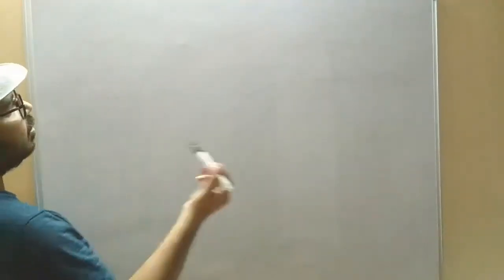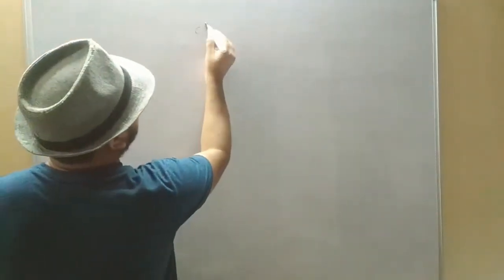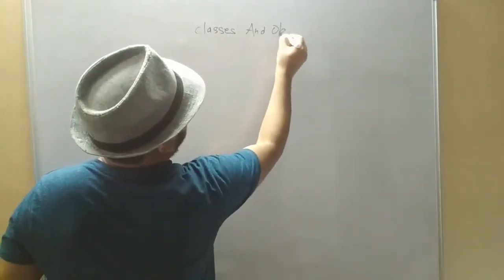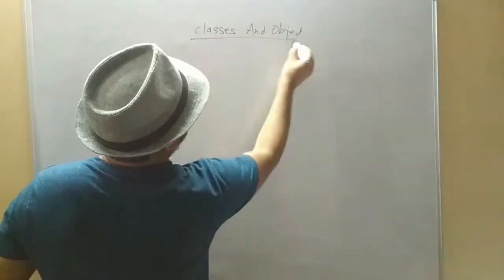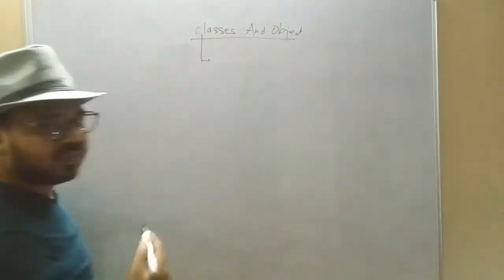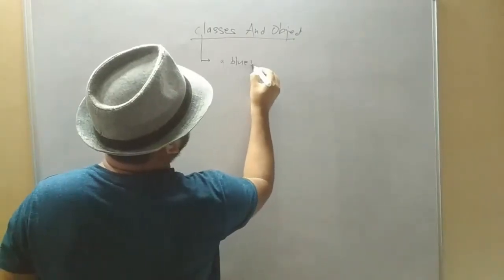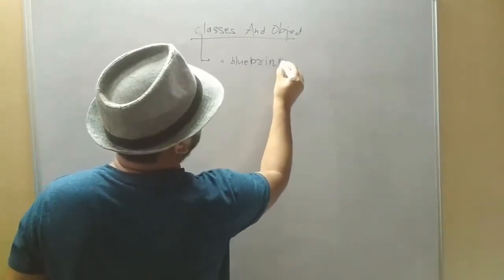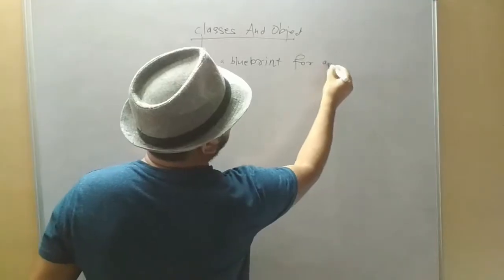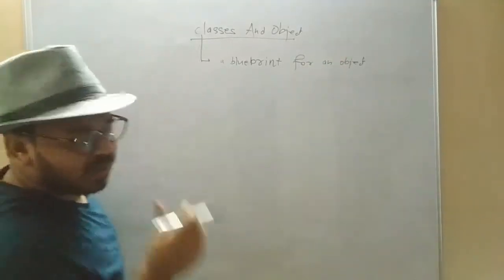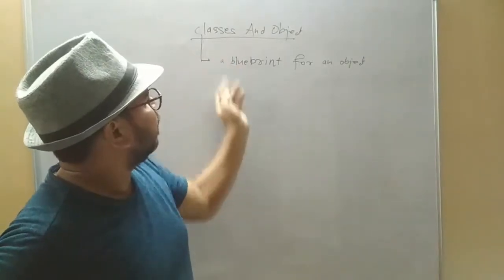So I am going to show you what is a class and an object. Okay, so by definition, a class is a blueprint for an object, by following the instructions.